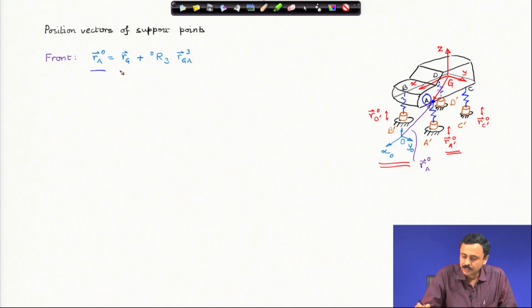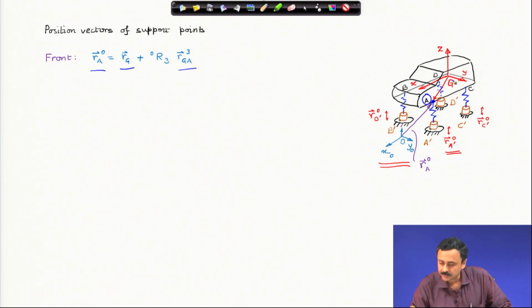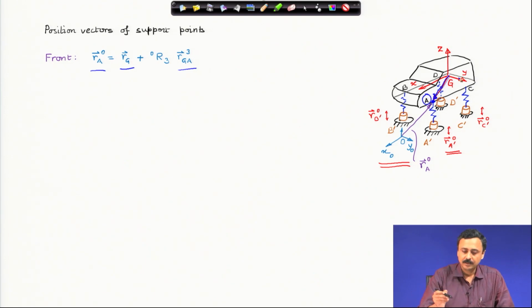How do I write the position vector of point A in frame O? This is the position vector of the center of mass in frame 0, plus the rotation matrix from 3 to 0 times the vector G A. This is the vector G A, from G to A. It is expressed in the third frame as shown here.